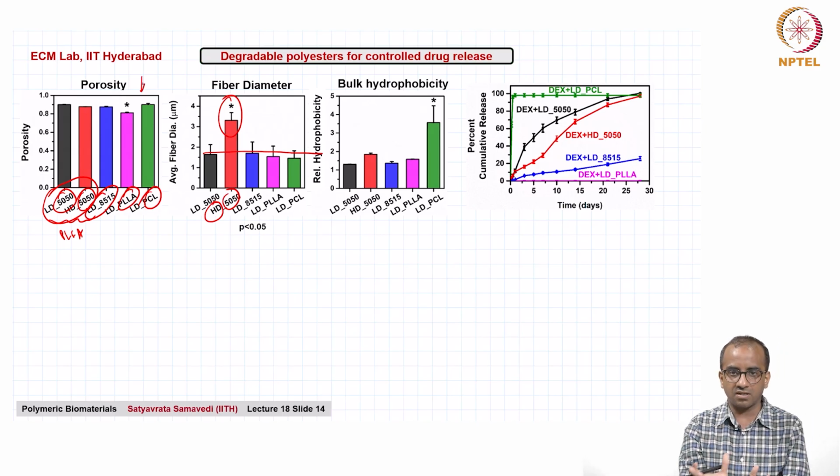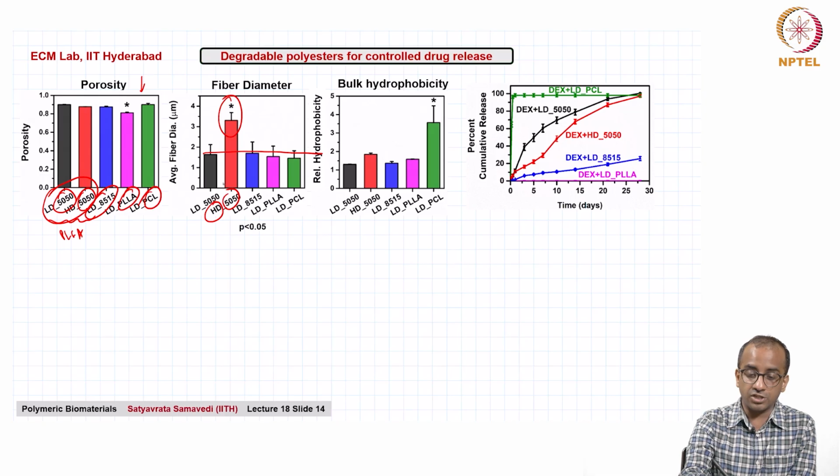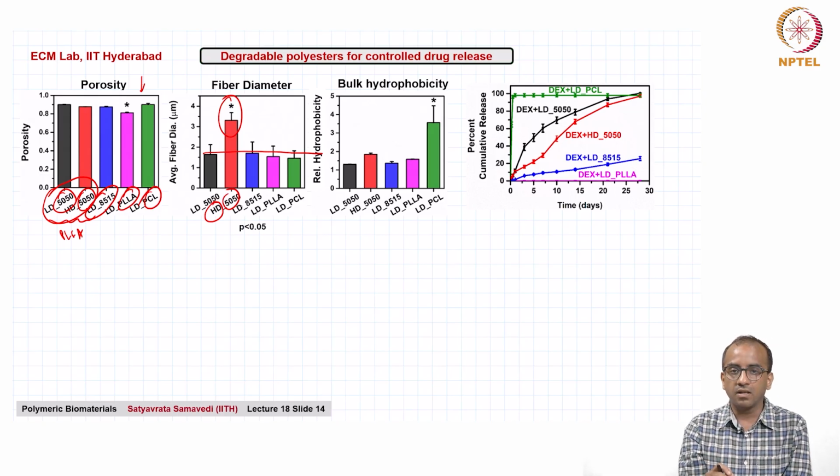Electrospun meshes are largely consisting of air. They are very porous, and by characterizing through electron micrographs, we showed that the HD version was indeed much higher in diameter compared to the low diameter versions.